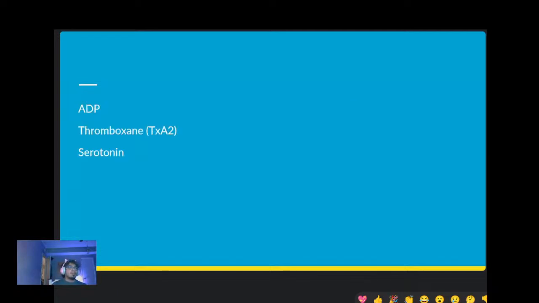Okay? Let's start first. The ADP is basically part of the granules that are released by platelets. But let's talk about thromboxane on the next slide. Thromboxane facilitates two things: platelet aggregation and vasoconstriction.